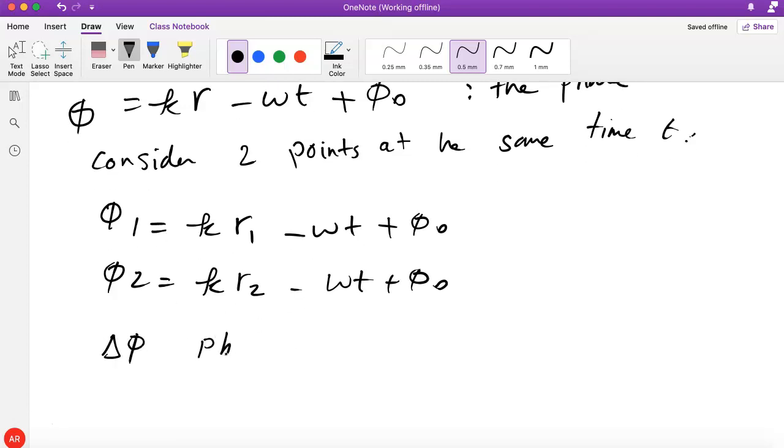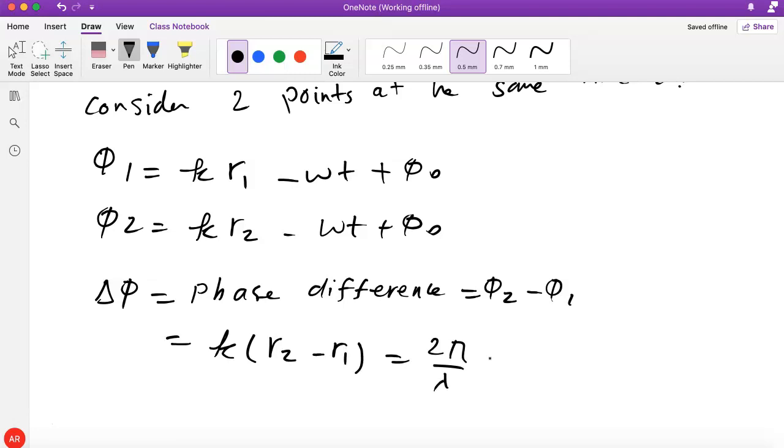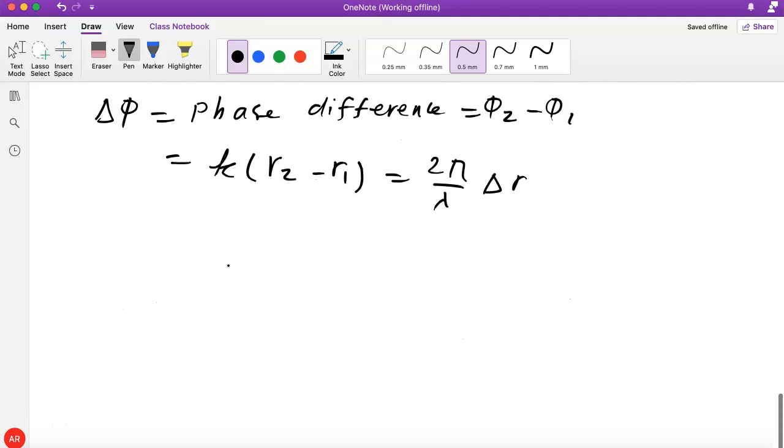Phase difference is just phi 2 minus phi 1, and that's equal to, these things are the same, right? Omega t and phi naught are the same, so they cancel out. So it becomes k times (r2 minus r1), which is 2 pi over lambda delta r, where delta r is just r2 minus r1, the difference between the distances of those points from the source.